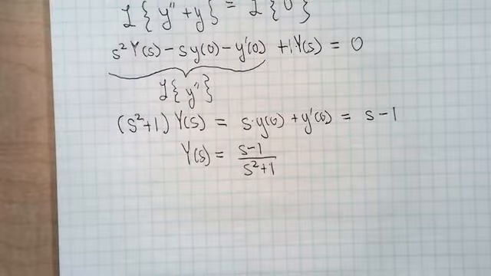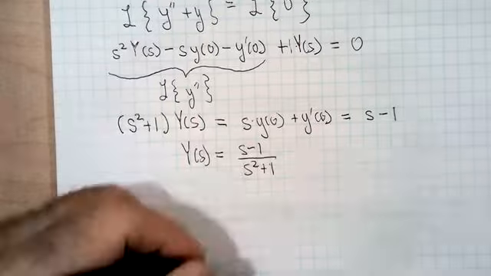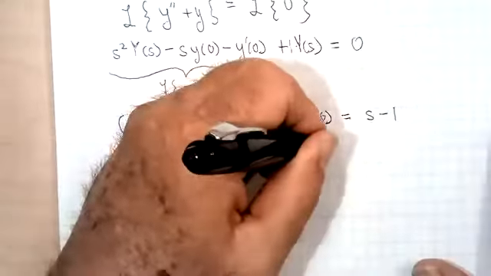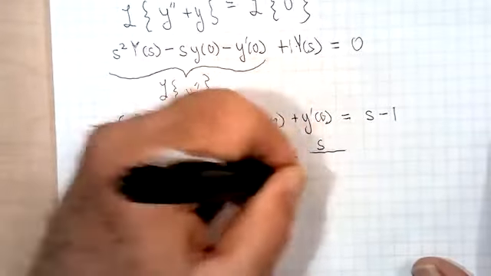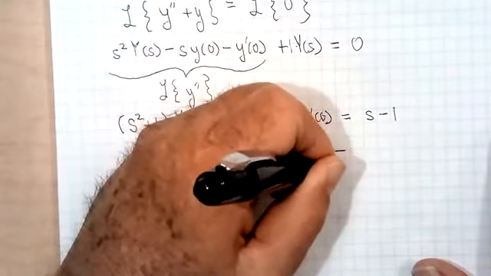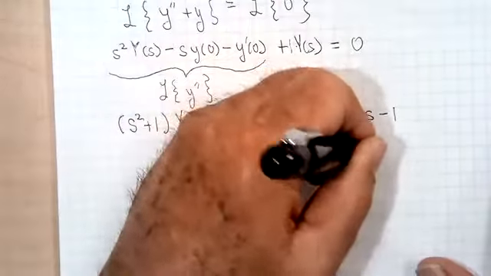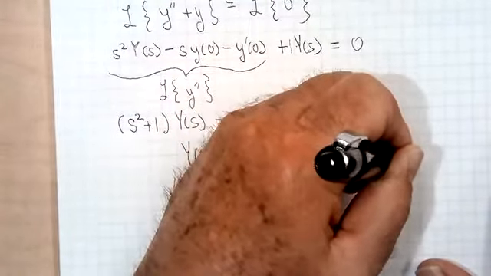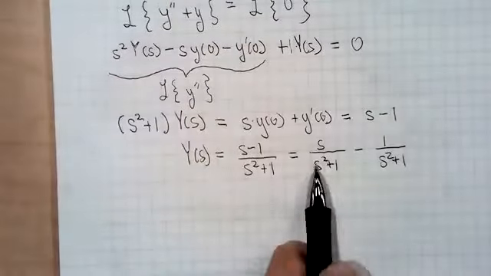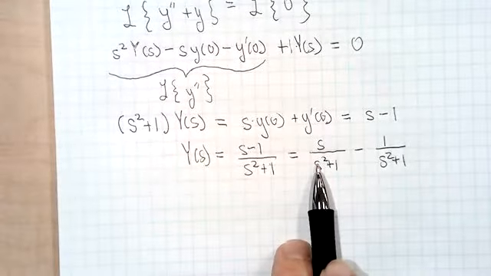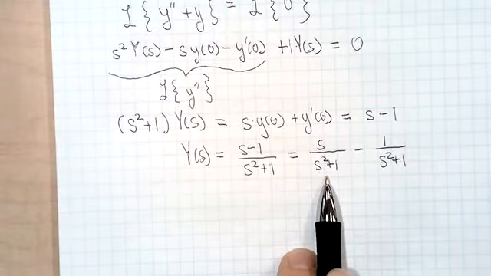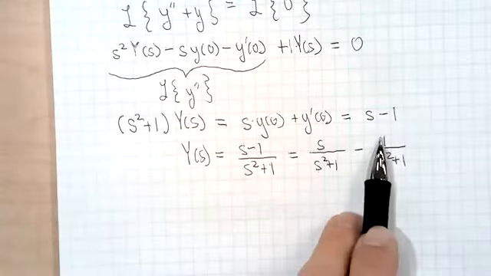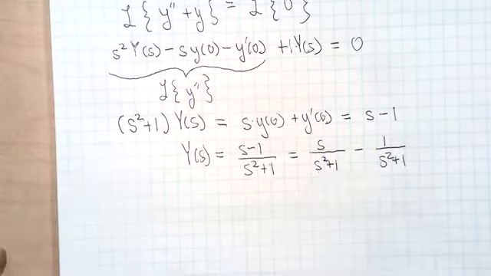Okay, now I'm just going to split this up, and the reason I'm going to split it up, if you don't see it already, you'll instantly see in a moment. I'm going to go shopping in my list of transforms to see if I have anything that looks like s over s squared plus 1 and anything that looks like 1 over s squared plus 1.